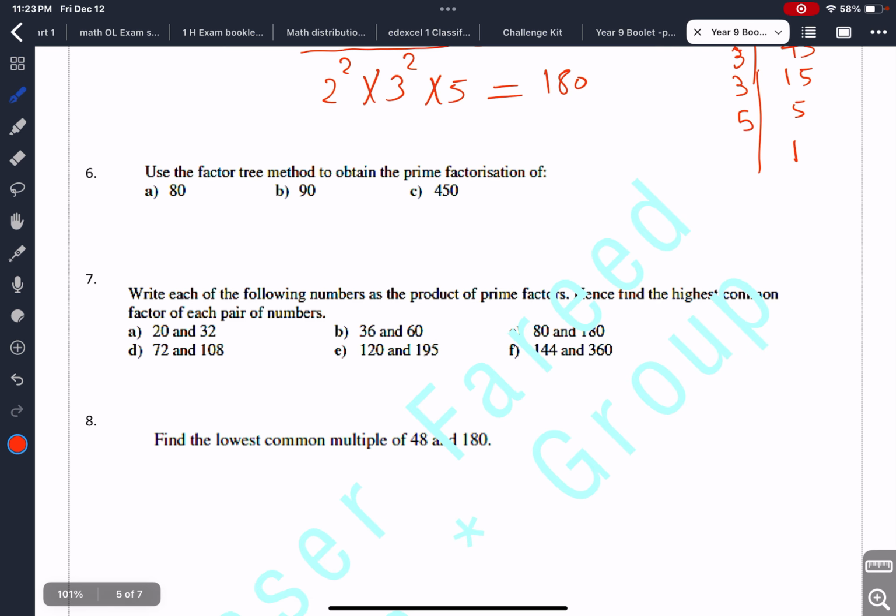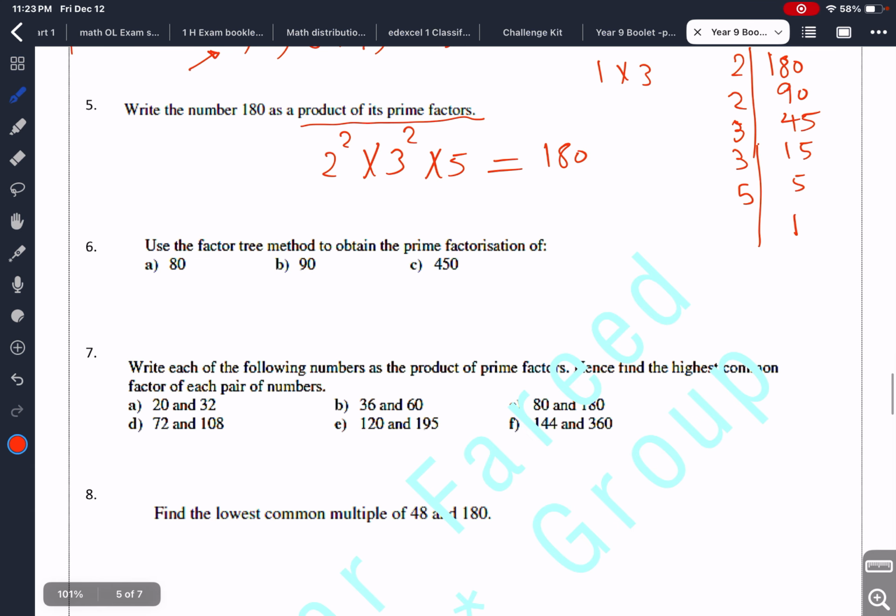Again, use the factor tree method to obtain the prime factorization. What we did before, we call column factorization, but he's asking me now to obtain the prime factorization using the factor tree. The best thing in factors is to use the possible values that you know.